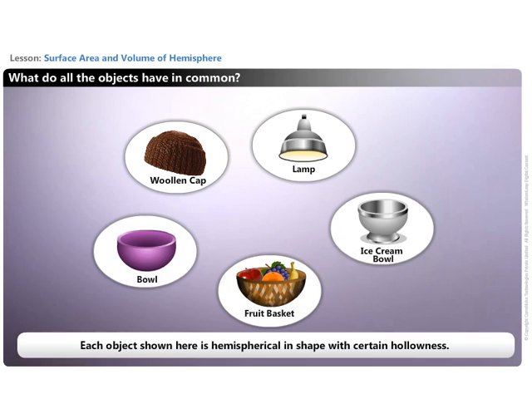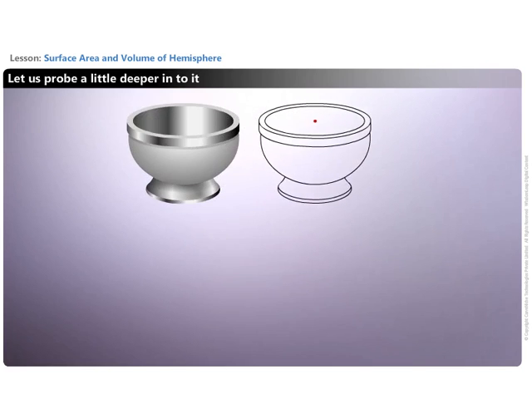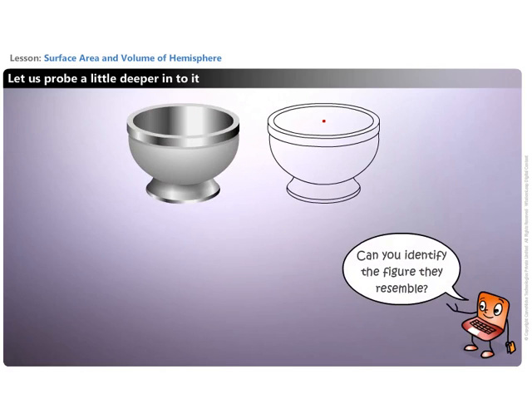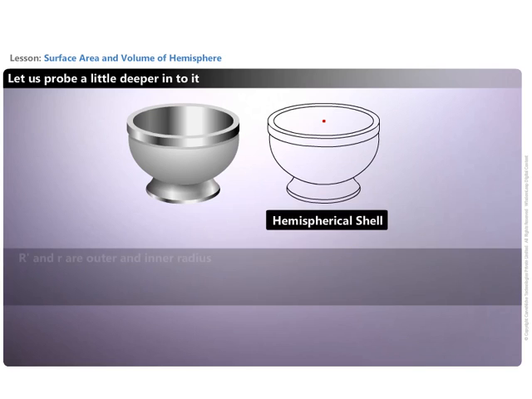Each object shown here is hemispherical in shape with certain hollowness. Let us probe a little deeper into it. Can you identify the figure they resemble? It is a hollow hemispherical shell with a certain thickness.